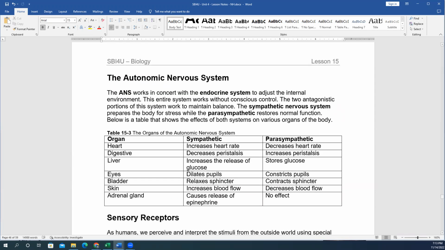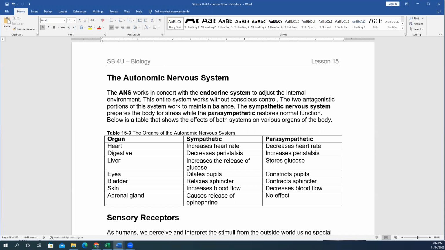So then there is the autonomic nervous system. If you remember, we talked about the autonomic system that worked together with the endocrine system to really adjust the internal environment. And this entire system really works without us having any conscious control over it.